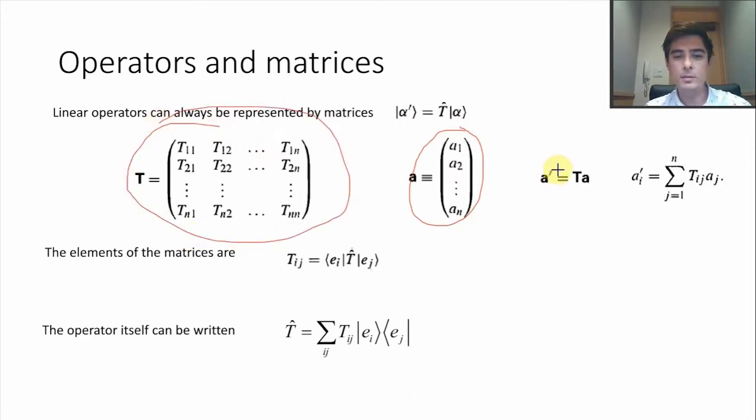If you do a matrix multiplication, you get a new vector, and this is basically how you operate in the component representation.